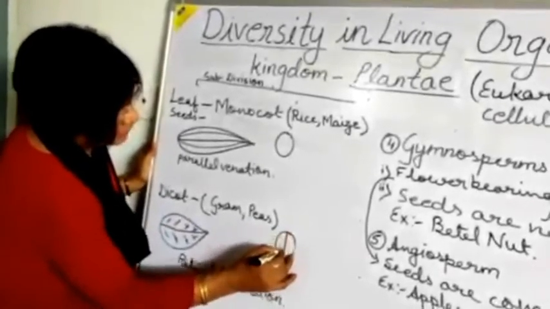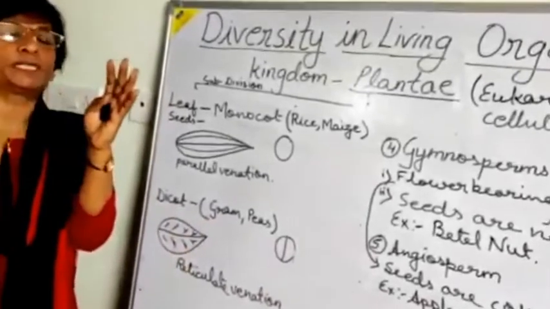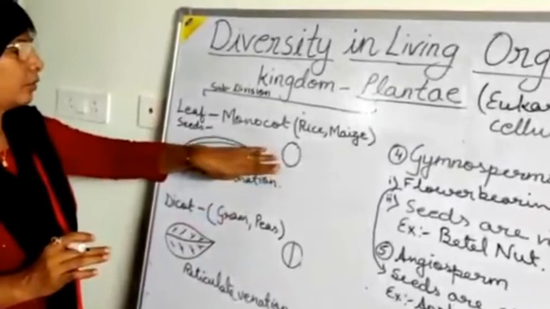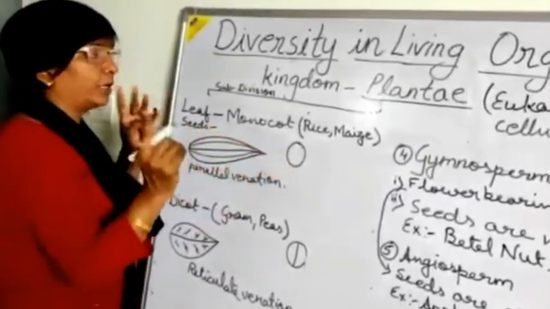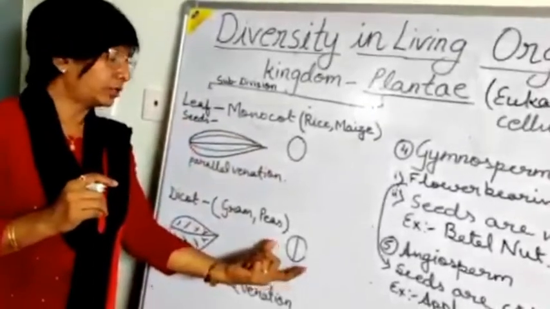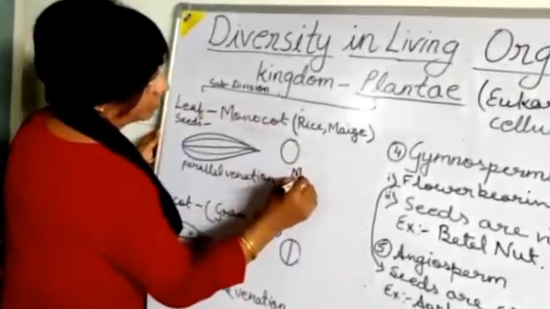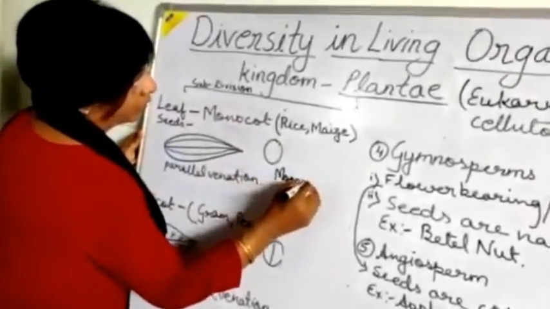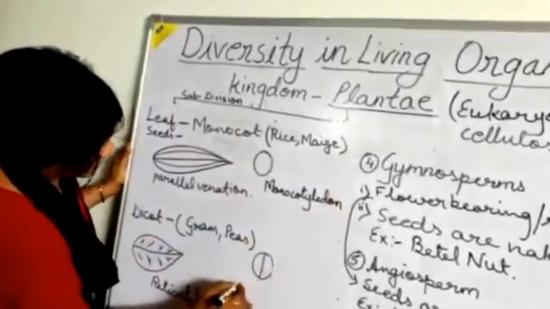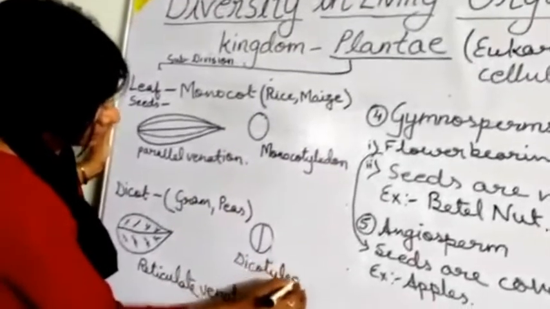If you open this gram, you will get exactly two pieces of the gram. So one is the monocot, which has only one cotyledon, and another one is having two pods, so they are called the dicotyledon. Monocotyledons, and this one is the dicotyledons.